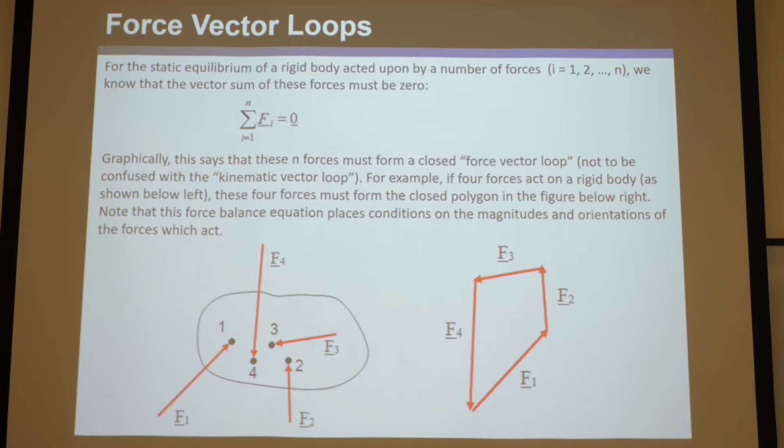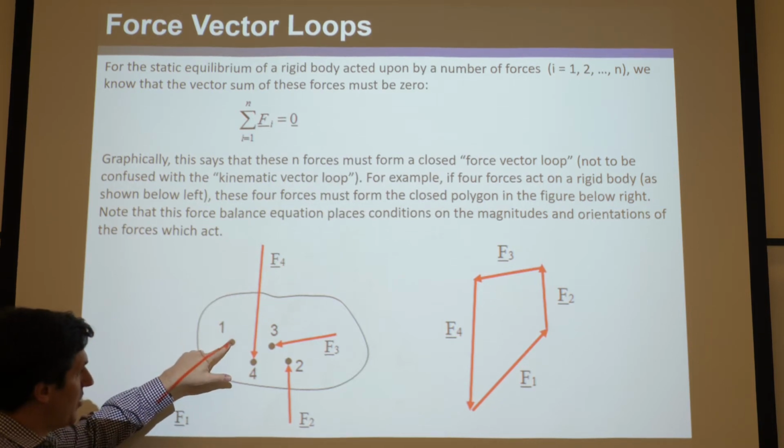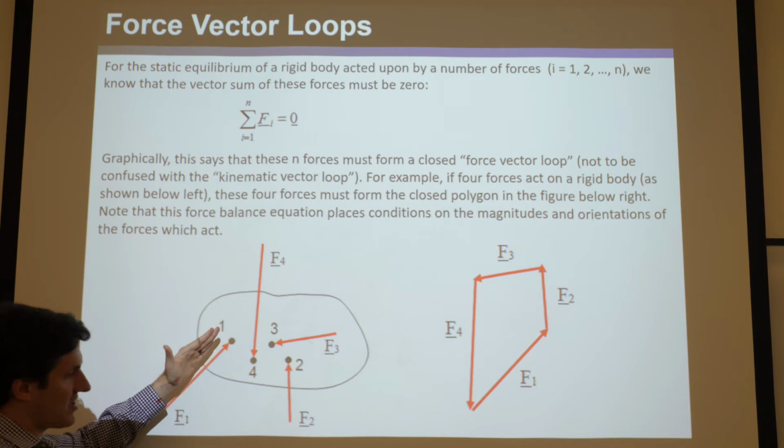If this potato is truly in static equilibrium, then we know that all those forces summed together would equal 0, which graphically means, if you can remember, even though they push on these points, there's nothing in this vector that forces it to be at that location.